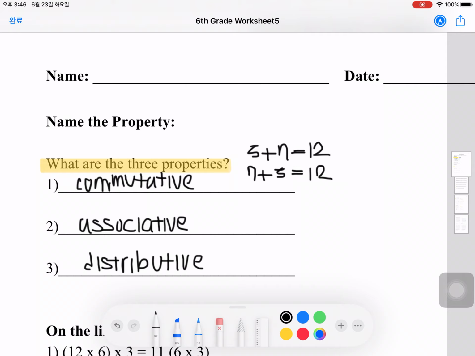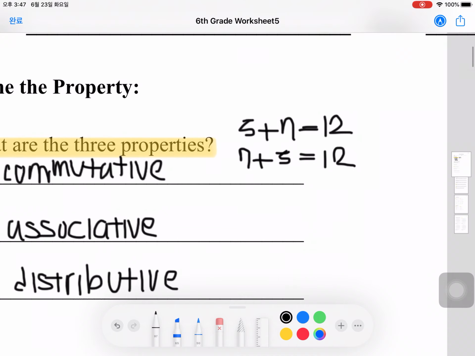Now for associative, it's basically the order in which the numbers are grouped will not affect the sum or the product. So for associative, there will most likely be parentheses, and this works, similar to the previous property, for multiplication and addition.